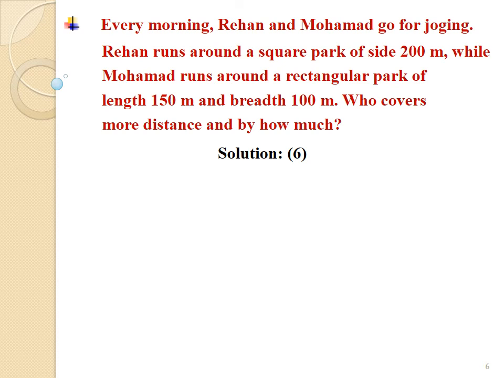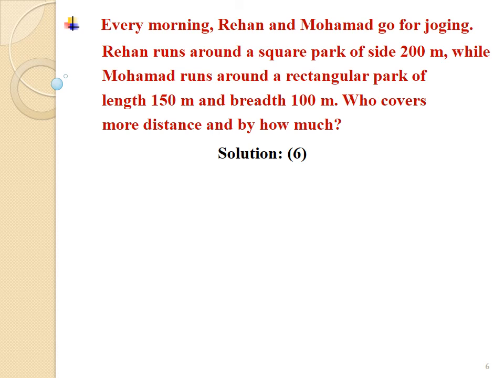Students, in this question, we have to find who covers more distance, either Rehan or Muhammad. And we know that in order to find out who covers more distance, we have to find perimeter of a square park where Rehan runs and perimeter of a rectangular park where Muhammad runs.